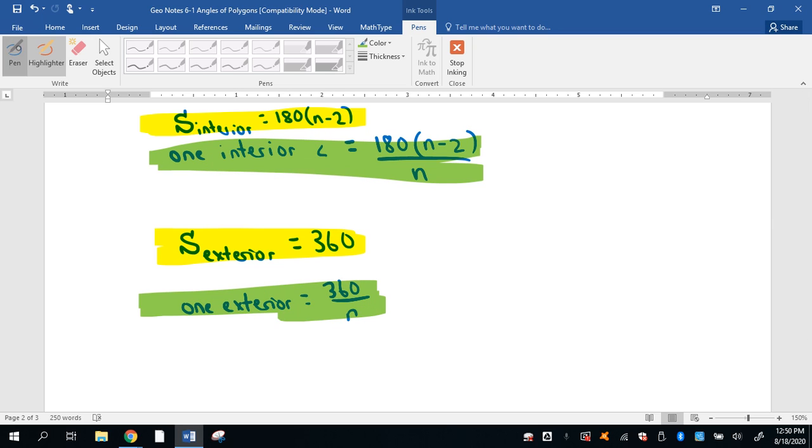So four formulas to know, but you really only have to understand two of them, as long as you understand that when you're taking one angle of a regular polygon, you just take that sum divided by n.